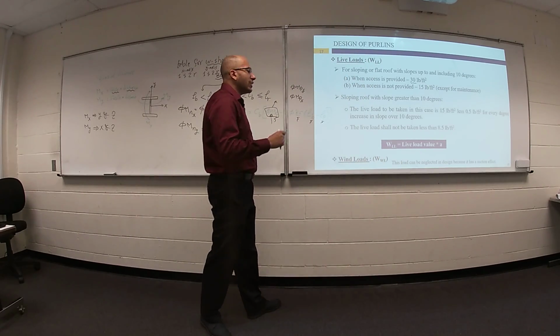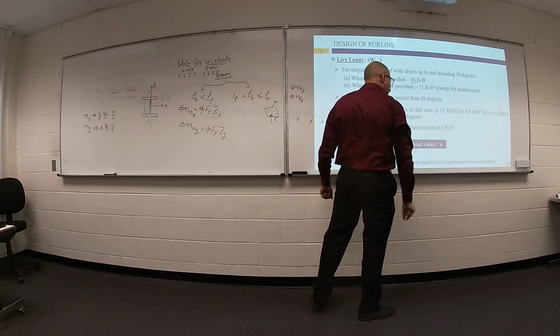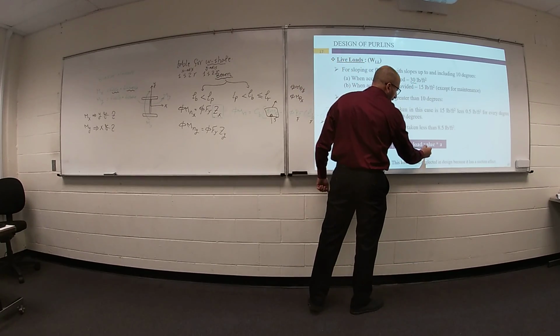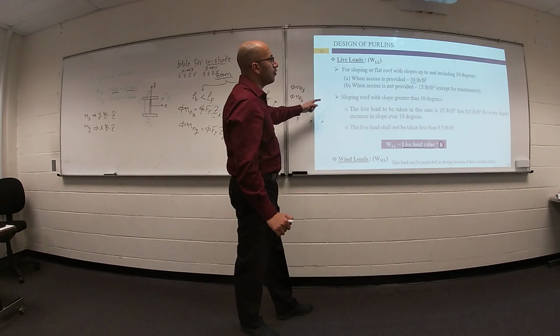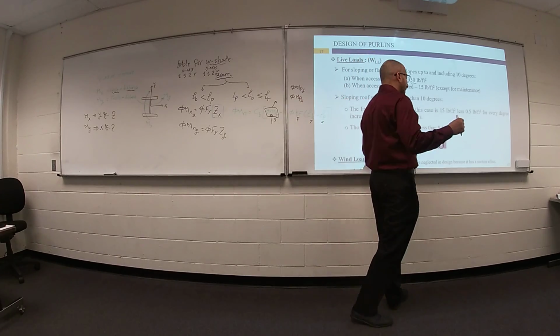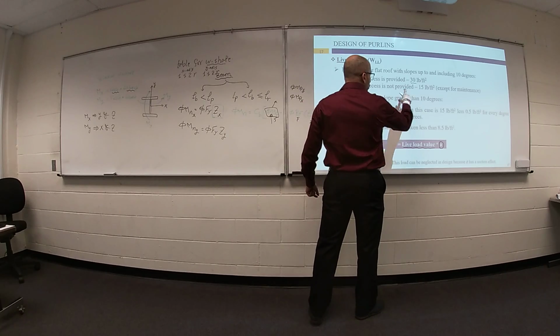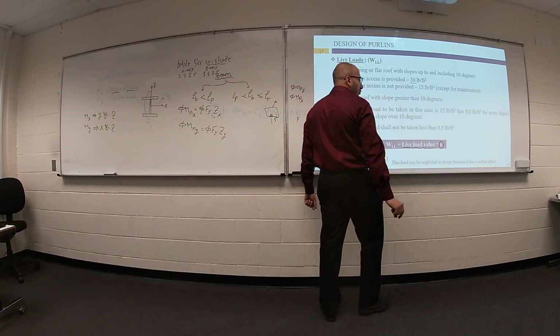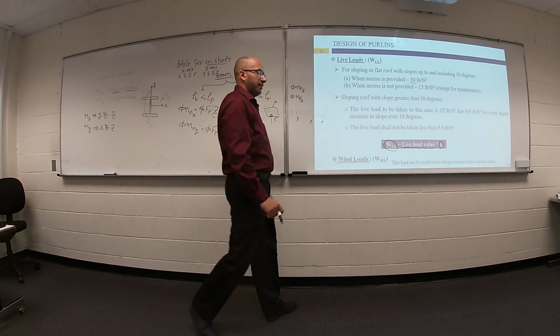So once you get your live load value as pounds per unit area, multiply this value by A. Why A? Because your live load is a horizontal projection. So we need the horizontal distance between purlins, not the inclined distance. Once you multiply your selected value of live load by A, you get W live load.